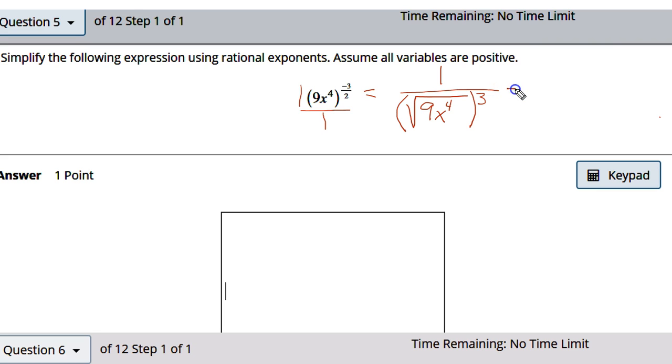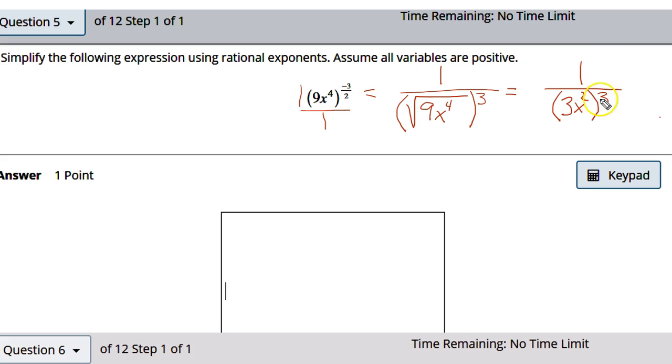All right, so let's simplify that a little bit more. Now, what is the square root of 9? The square root of 9 is 3. And what is the square root of x to the 4th? X to the 2nd. Now this is raised to the 3rd.